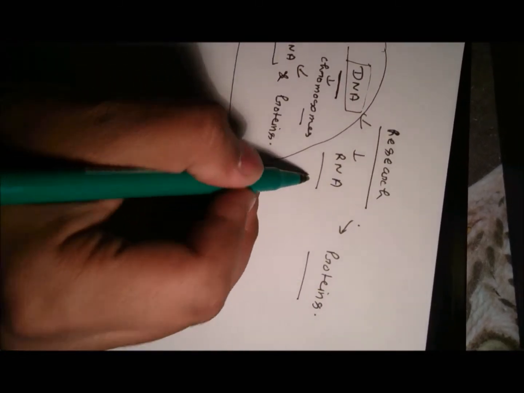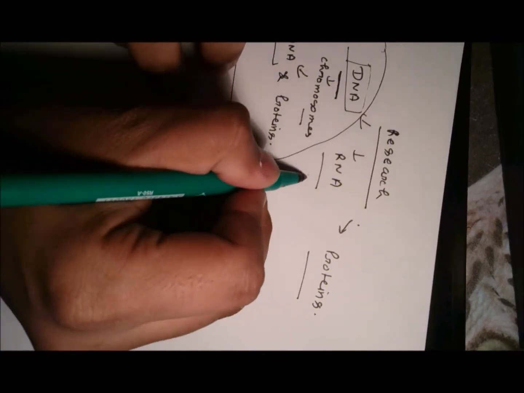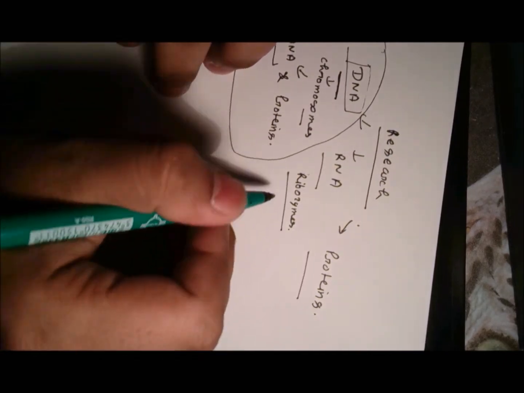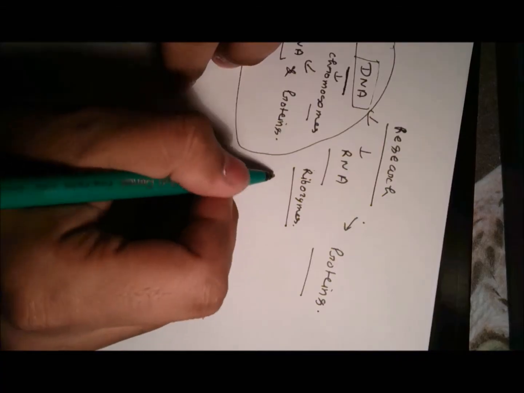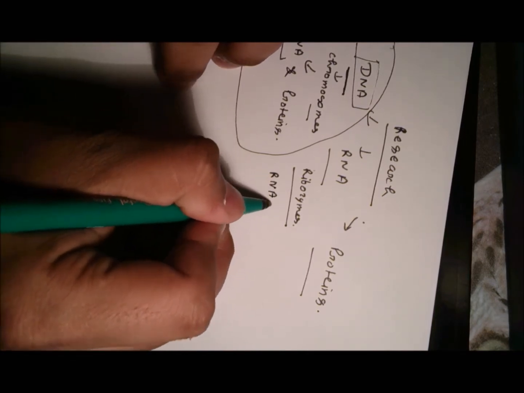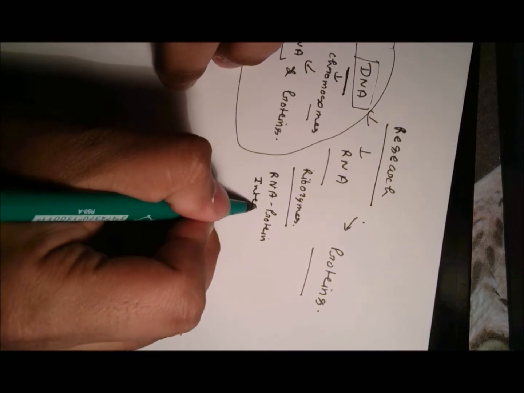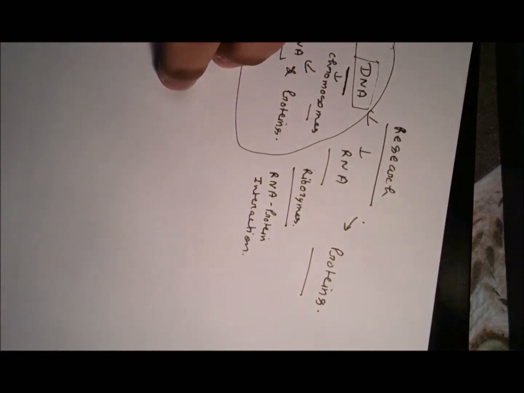Then we'll talk about RNA. What will you study in RNA? You know about the ribozymes, the catalyzing RNA. So in the field of RNA, you will study the types of RNA which perform catalysis, the enzymatic reactions. You will study the RNA-protein interaction, how the RNA and protein interact to facilitate some functional role.